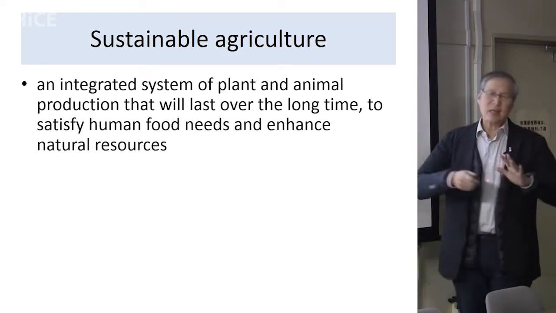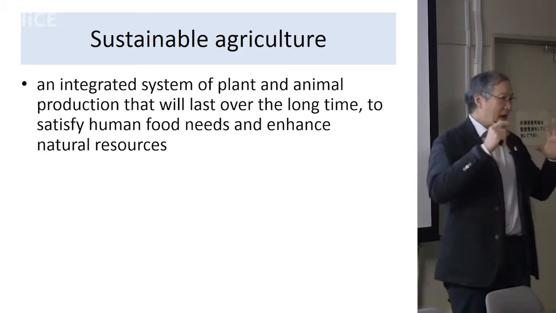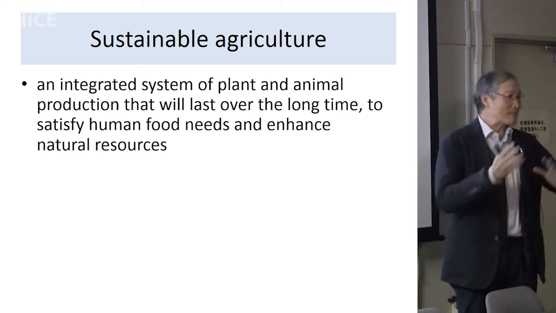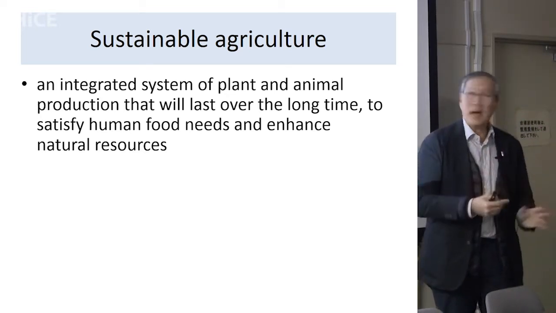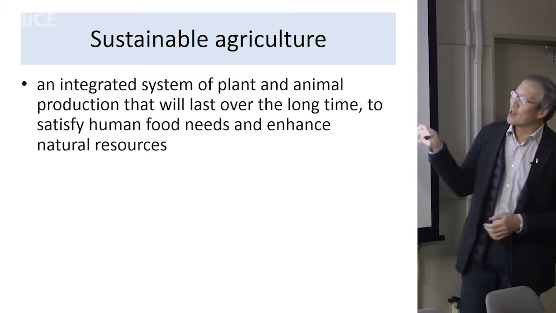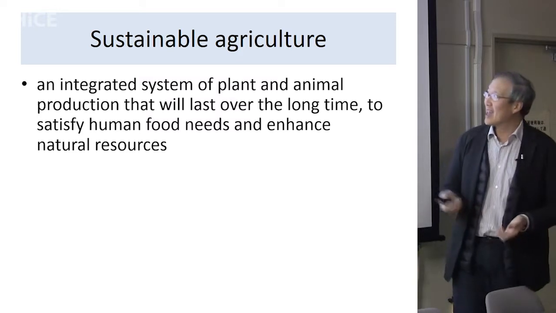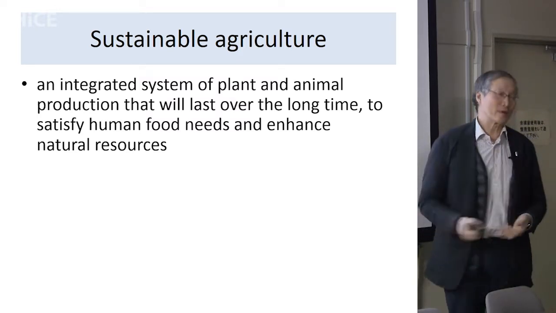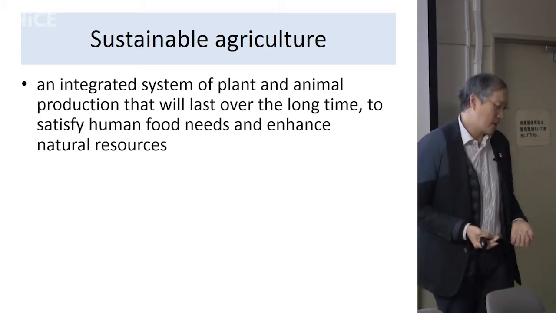It is an integrated system of production using animals and plants, crops, farm animals, that will last over a long time, satisfy human needs and preserve our natural resources. Very simple, very practical definition, if you will.